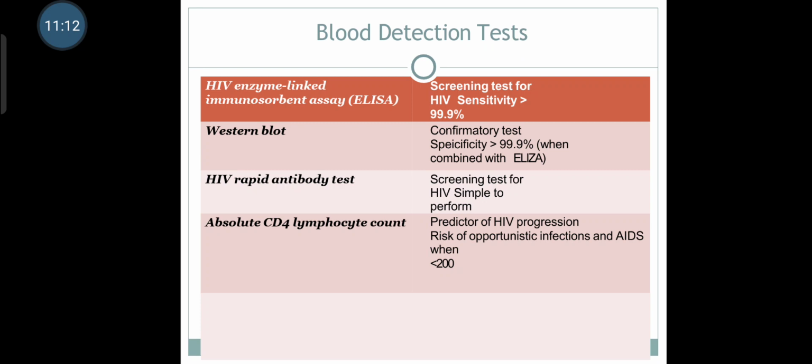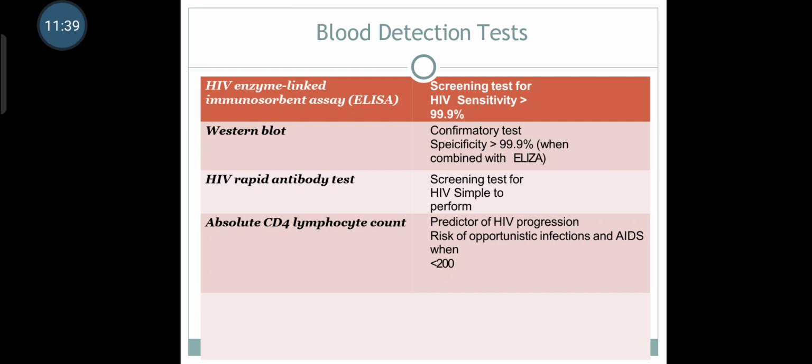Blood test detection kits are also available. So HIV AIDS can be tested with the help of 3 to 4 tests, like HIV enzyme linked immunosorbent assay, that is ELISA. It gives sensitivity of more than 99.9%. Western blot test is also available, which is a confirmatory test after the ELISA, which gives specificity of more than 99% when combined with the ELISA.